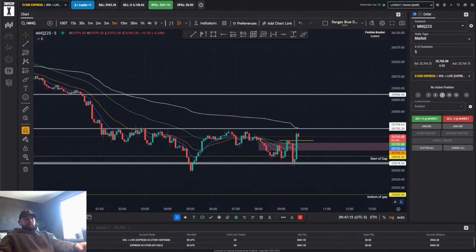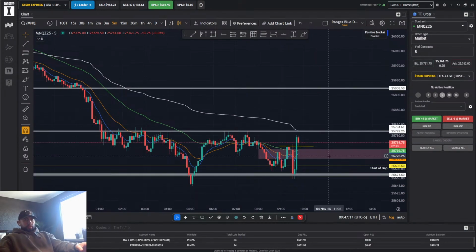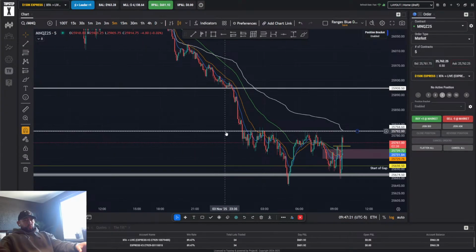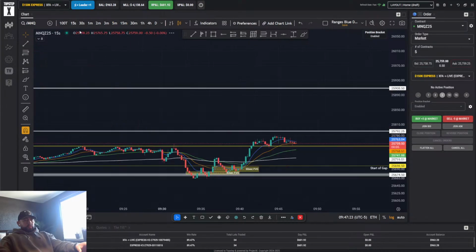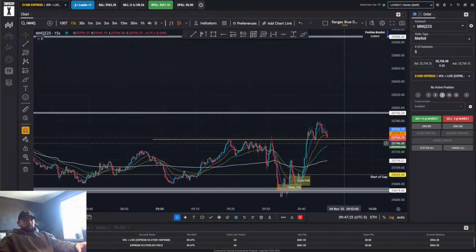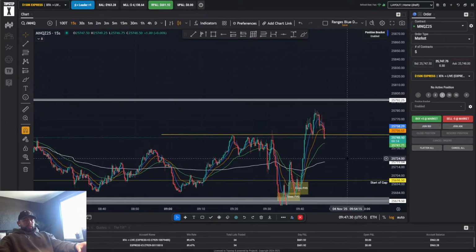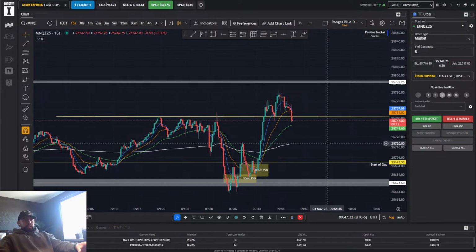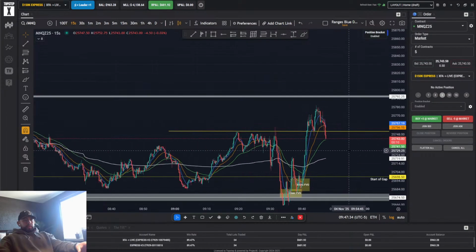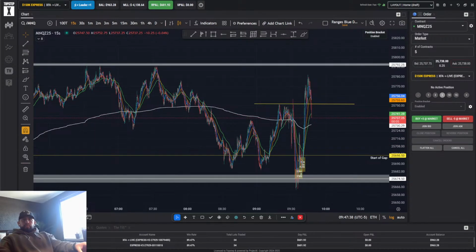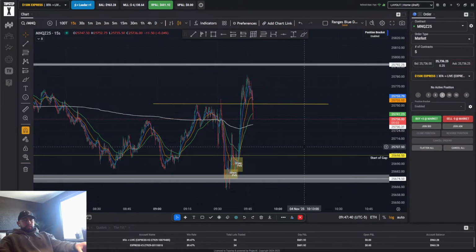Kind of rejecting VWAP now. Get a retest around the 20s. But we can just, you know, go down.